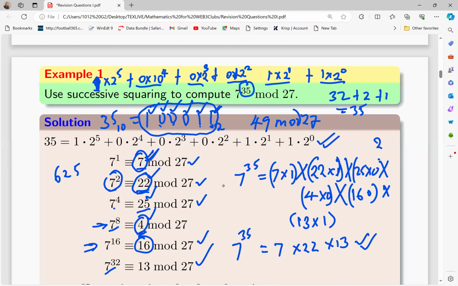So then you multiply this and do it mod 27. Multiply that and do mod 27. Let's just multiply that and see.